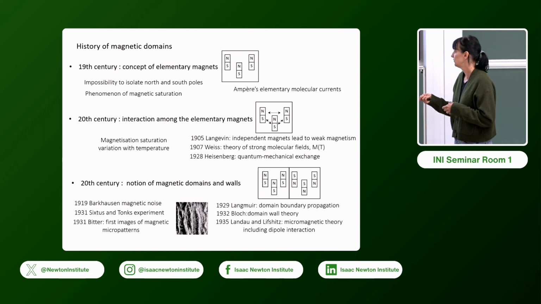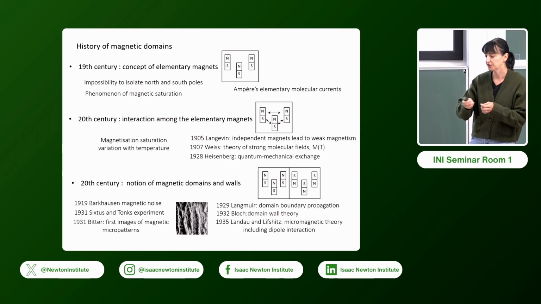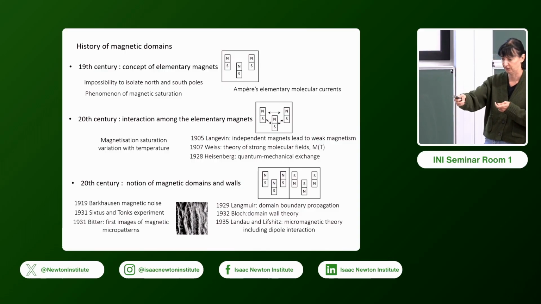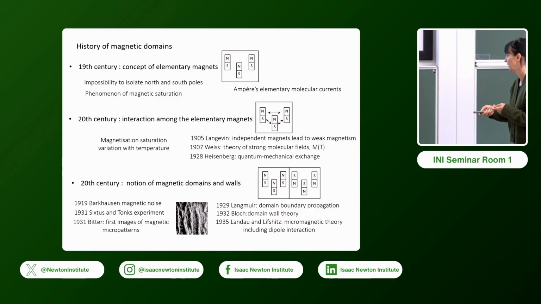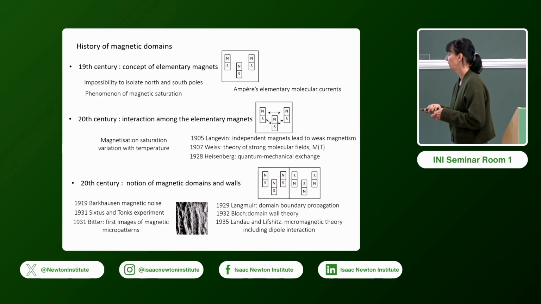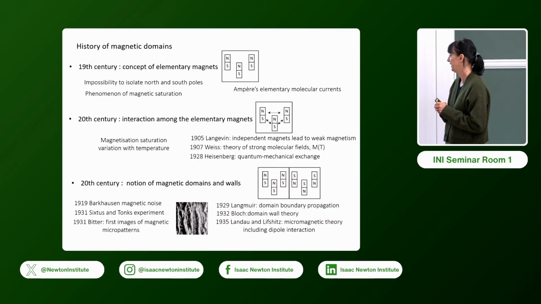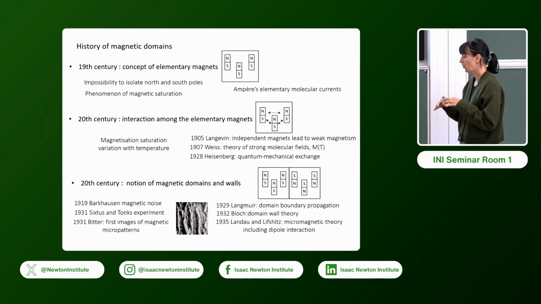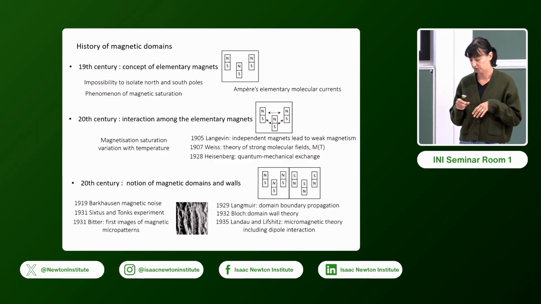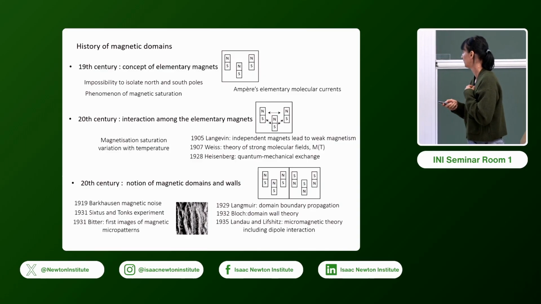There is also the Sixtus and Tonks experiment, where they could actually electrically measure the presence of such a wall on top of the magnet. And finally, this is one of the first images of magnetic micropatterns, obtained by putting some magnetic particles on top of a bigger magnet.